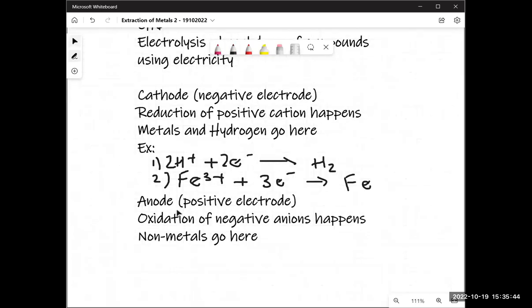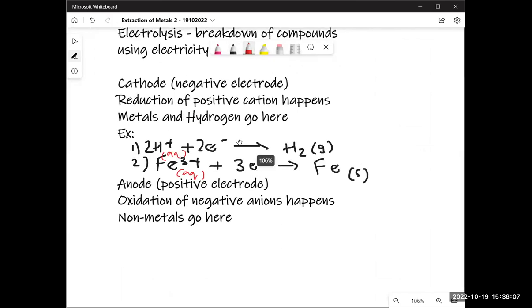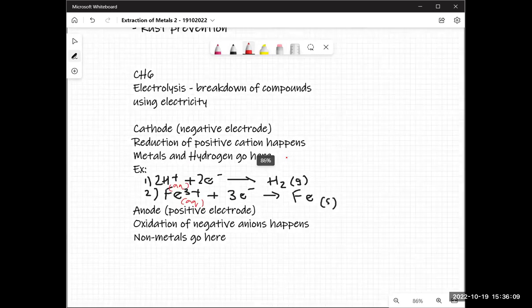I'll give you the state symbols over here as well. Well, that's all you need to know right now. Don't worry. Just write gas over here and solid over here. And this is aqueous. This is also aqueous. Write this down. Tell me when you're done.